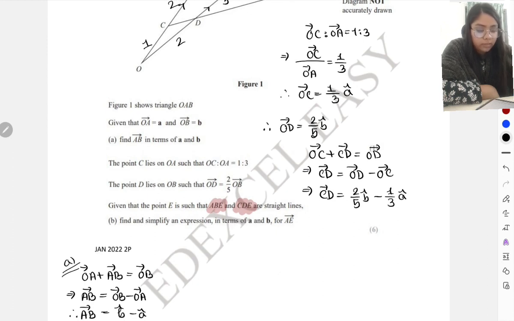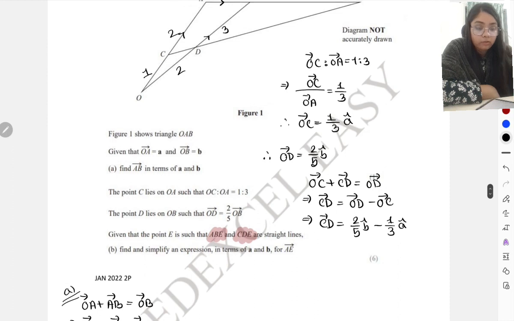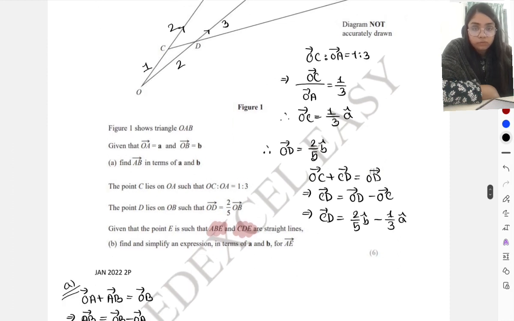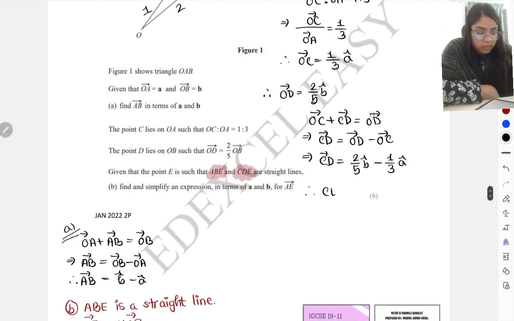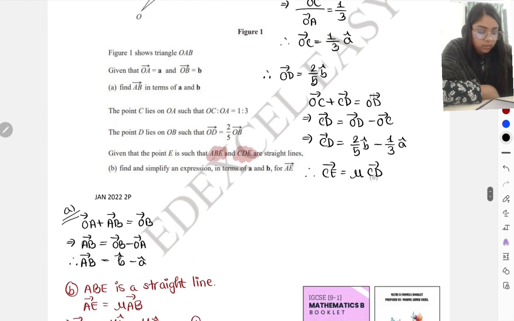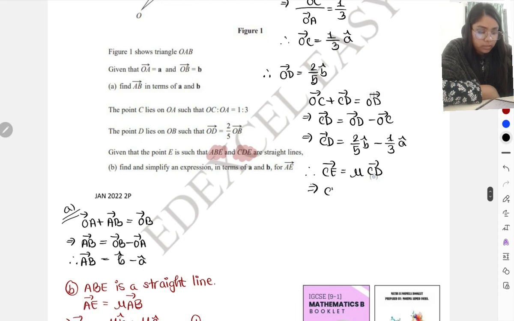So yeah, this is the final length for CD. We can use this and write CE in terms of CD, so which is going to be CE as mu CD, which then indicates CE as 2 by 5 mu B minus 1 by 3 mu A. And this is the expression for CE.